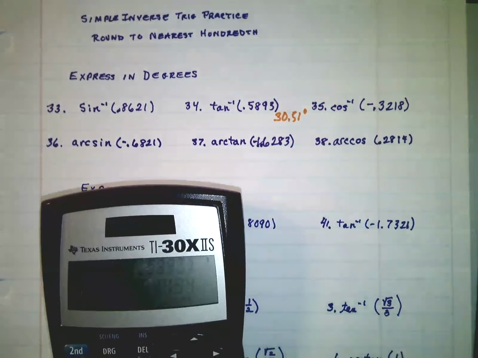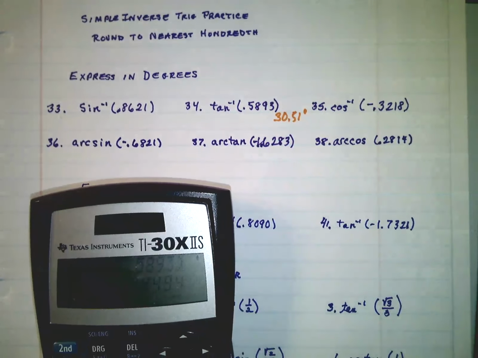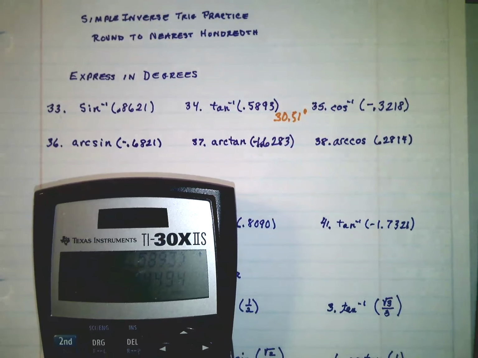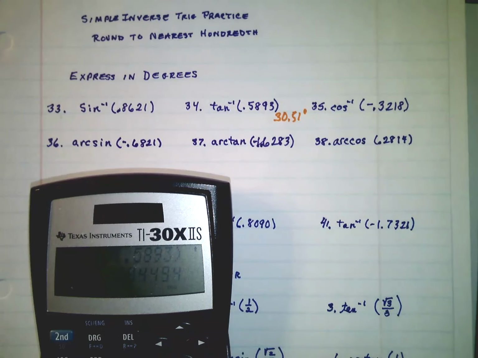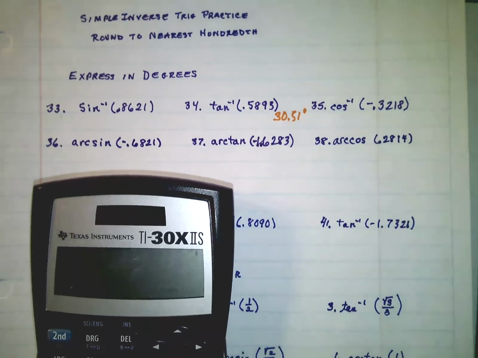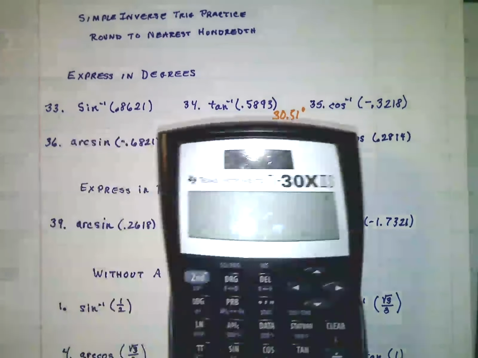Okay, then down here, number 36, arcsine. Well, for this, you have to know that arcsine means find the angle with this sine value. In other words, do inverse sine. So clearing out the last one, we will try inverse sine.